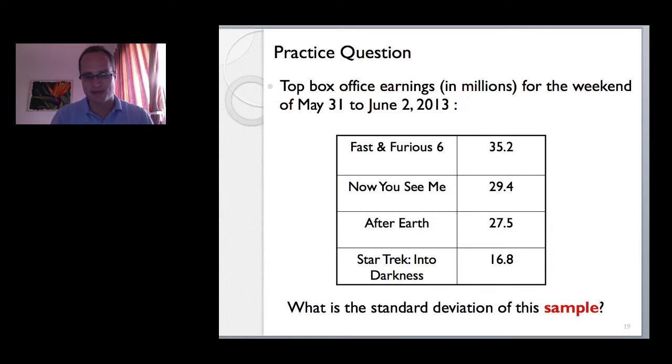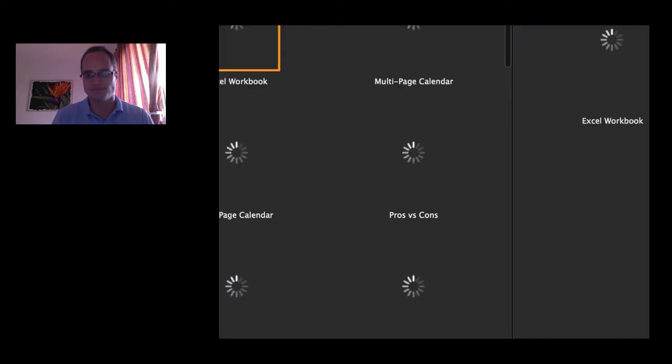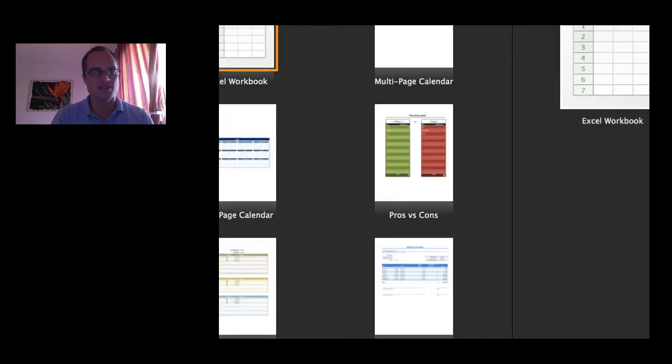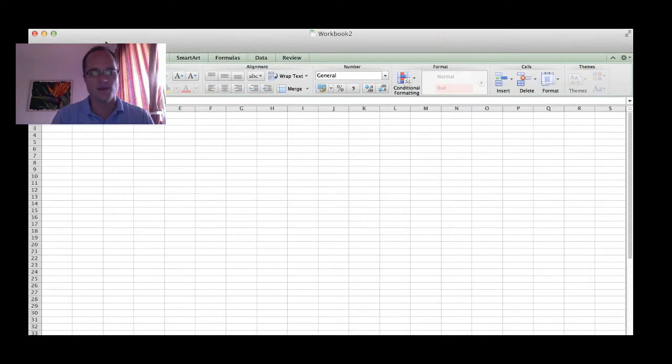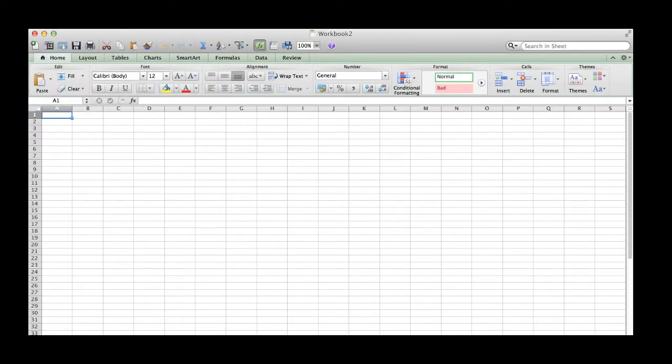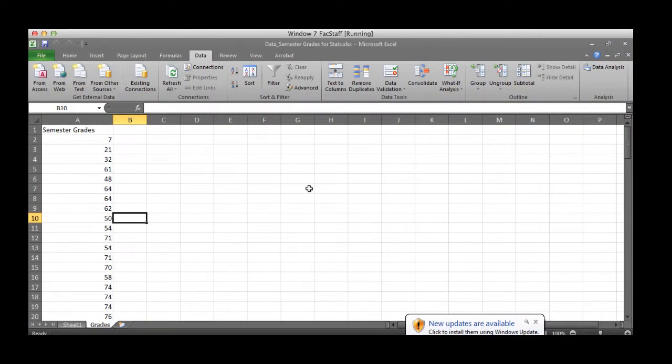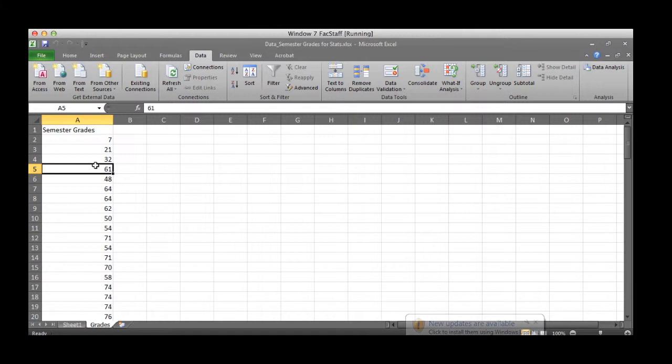Let me open up Excel. I'm using a Mac here, but I'm opening up Excel in Windows, and the reason is I'm going to use a tool called data analysis in a minute, and the Excel version of the Mac doesn't have it.